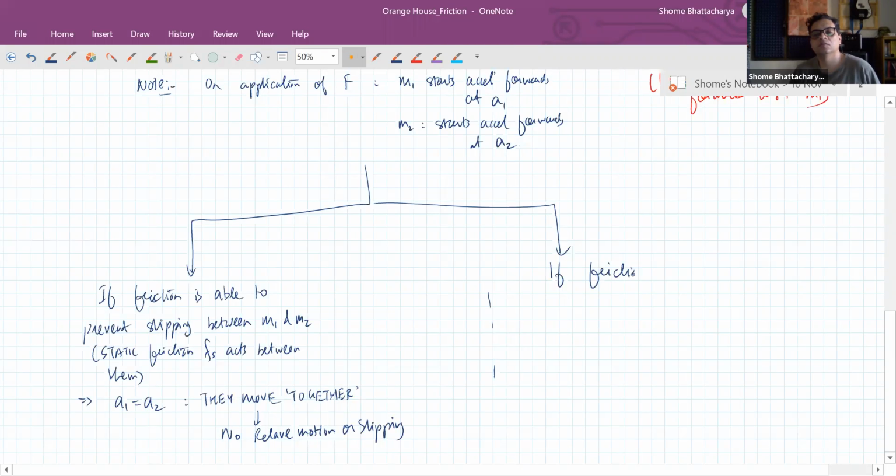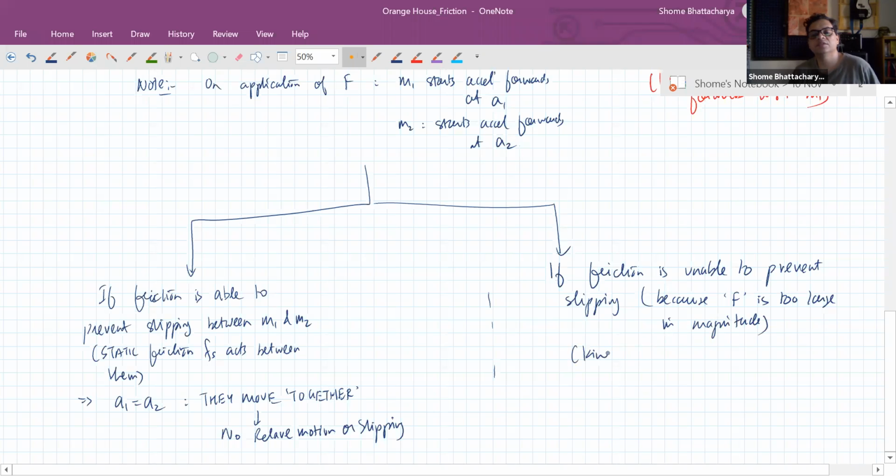And on the other hand, if friction is unable to prevent slipping, because F is too large in magnitude, so kinetic friction acts between them such that A1 will not be equal to A2.